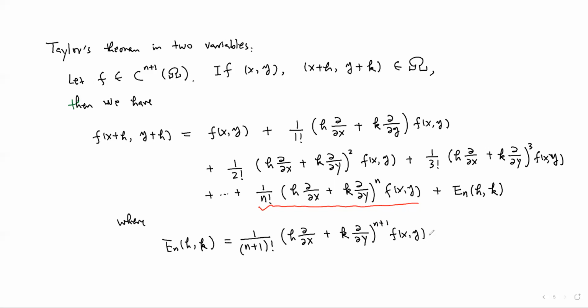Compute this derivative, then plug in this point. After you compute this derivative, plug in this point: x plus theta h, y plus theta k. What is theta? I don't know. It depends on x, y, h, k, and n.